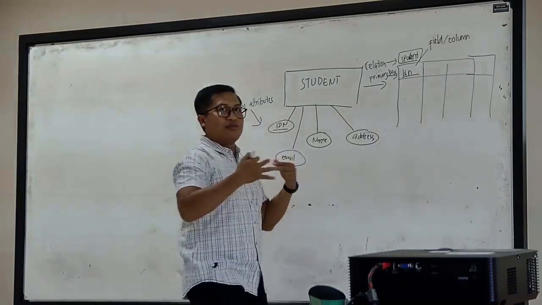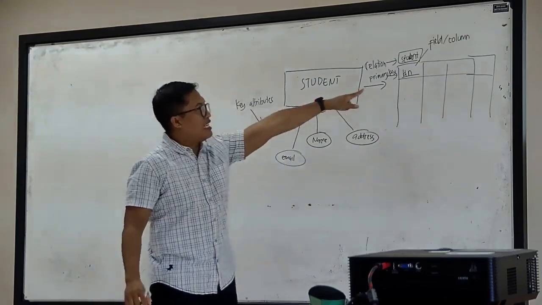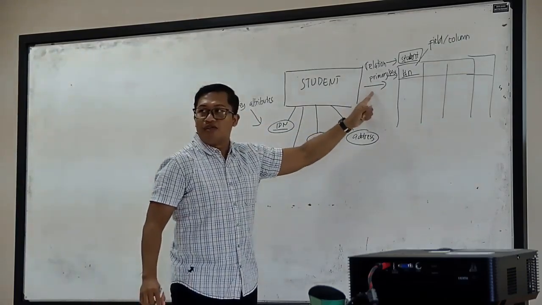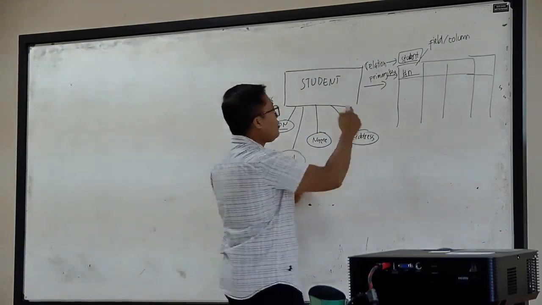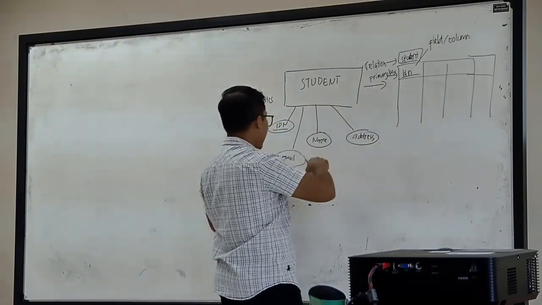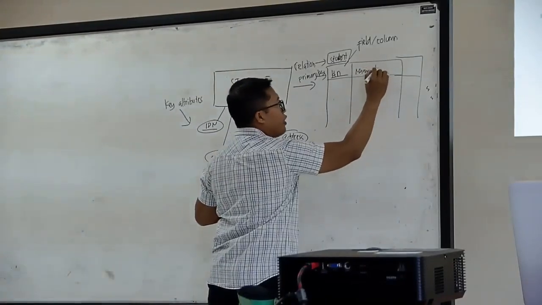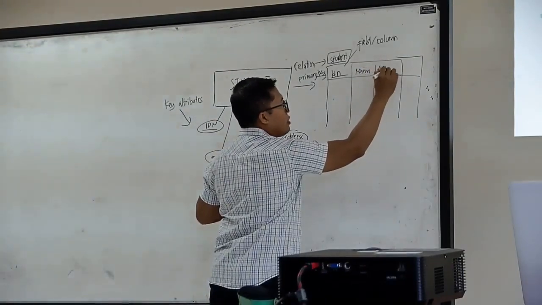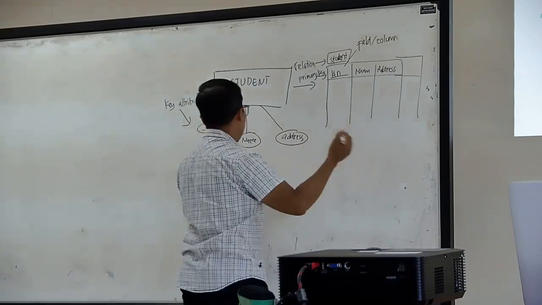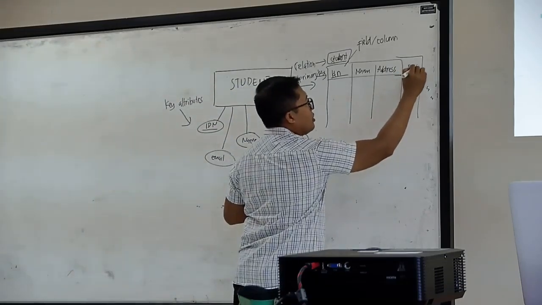We still need to use it in the relational model. Okay, I will continue to write IDN, and then we have name, address, and then email.